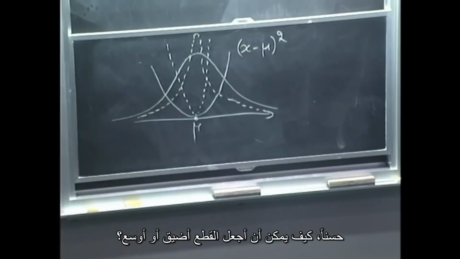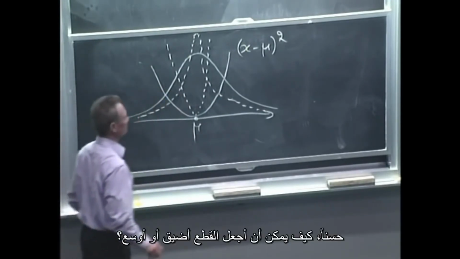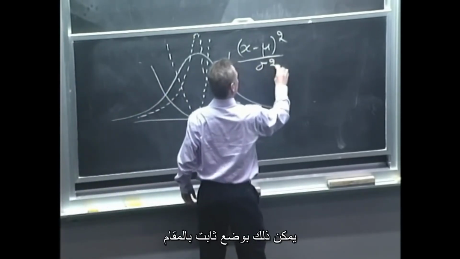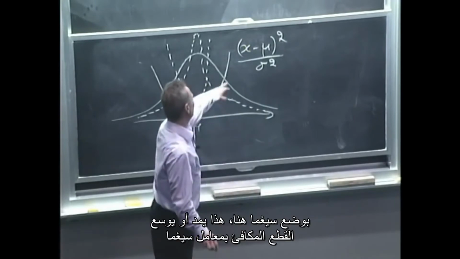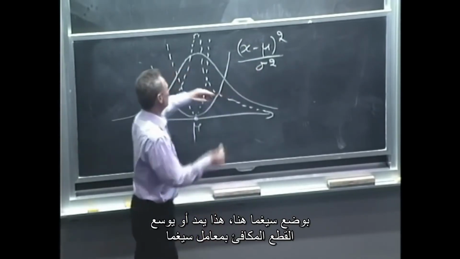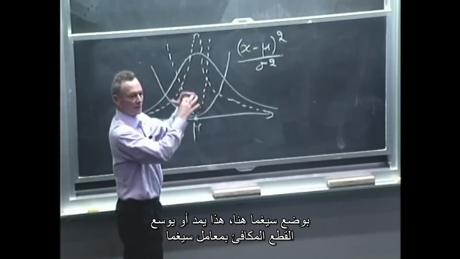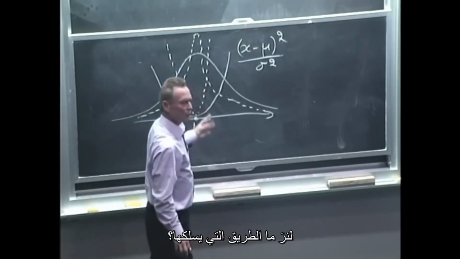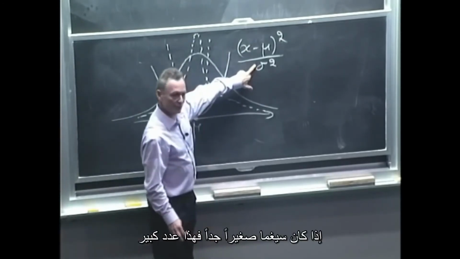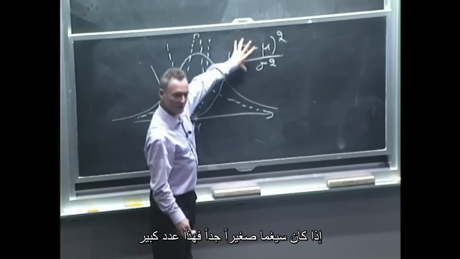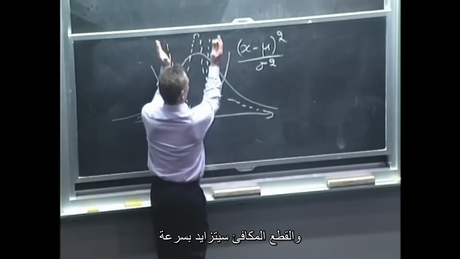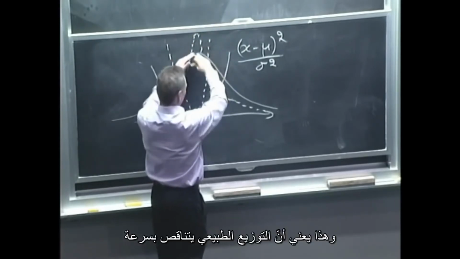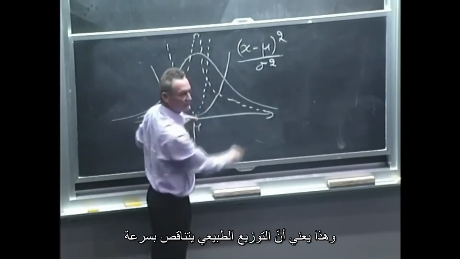Okay, how do I make my parabola narrower or wider? I do it by putting a constant down here. By putting a sigma here, this stretches or widens my parabola by a factor of sigma. Let's see, which way does it go? If sigma is very small, this is a big number, my parabola goes up quickly, which means my Gaussian, my normal, falls off very fast.